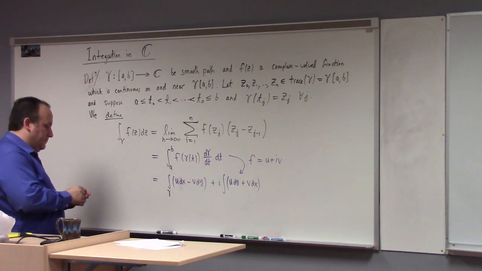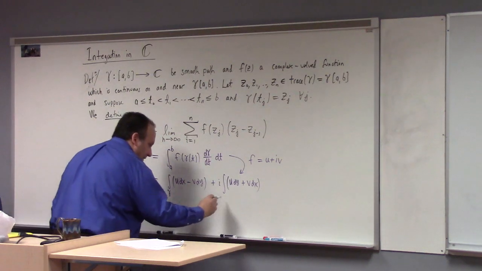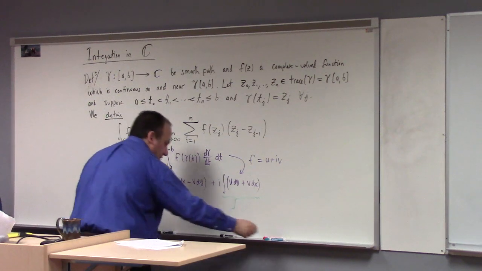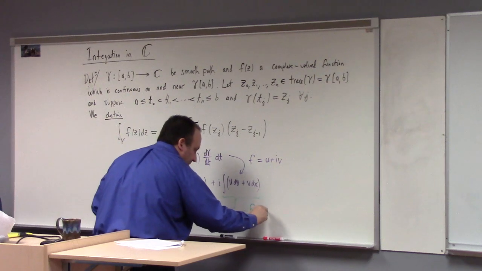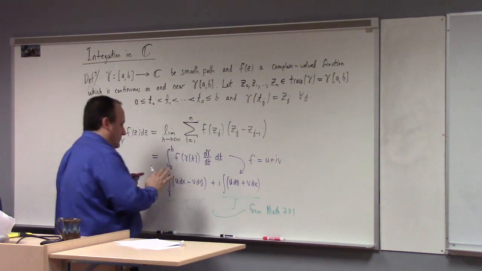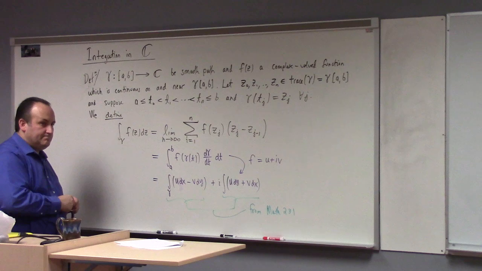Now, both this and this, without the i, are from Math 231. These are line integrals of vector fields in the plane.